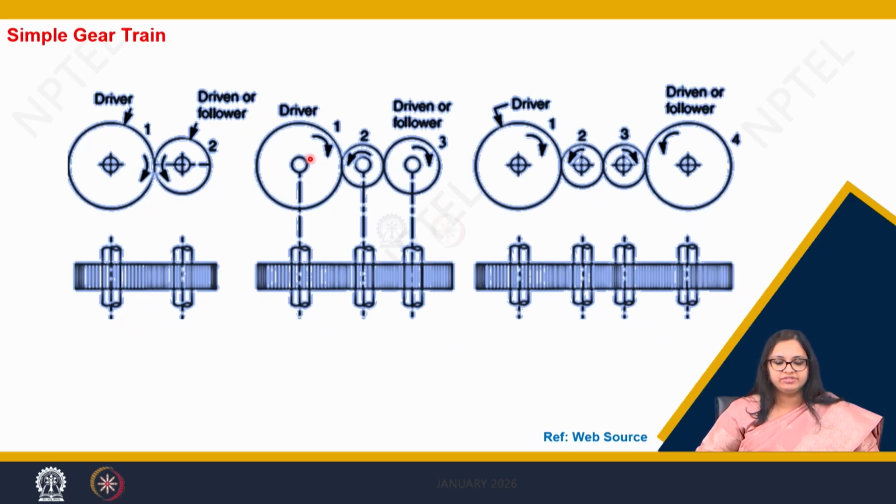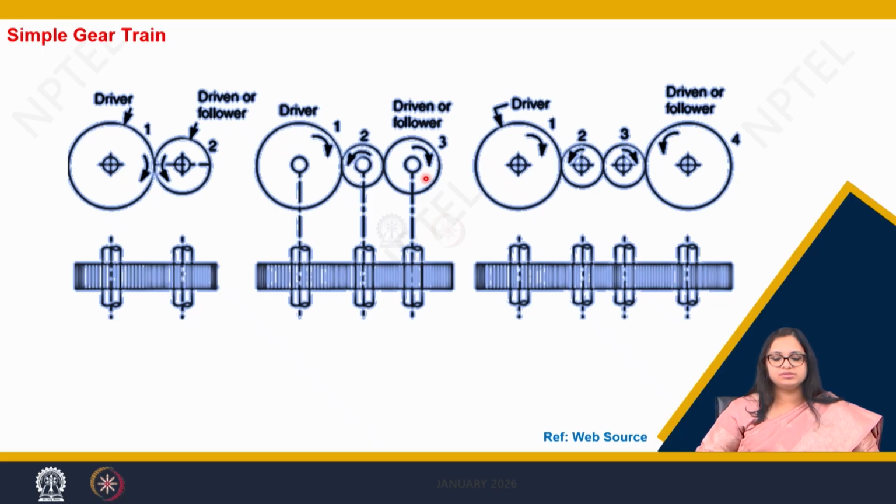So when the driver is in mesh with the intermediate gear, that is gear number 2, the directions of the driver and the intermediate gear will be opposite. Now the intermediate gear is in the opposite direction of the driver, that is, in anti-clockwise direction. So the driven will now move in the clockwise direction.